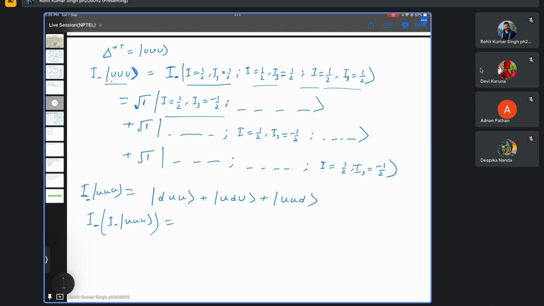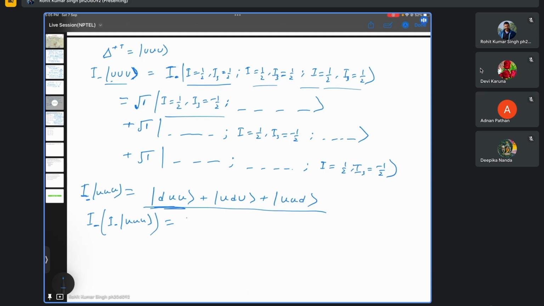Okay, so now this will be a very long expression, so let me try to write it. So I minus on the first state.